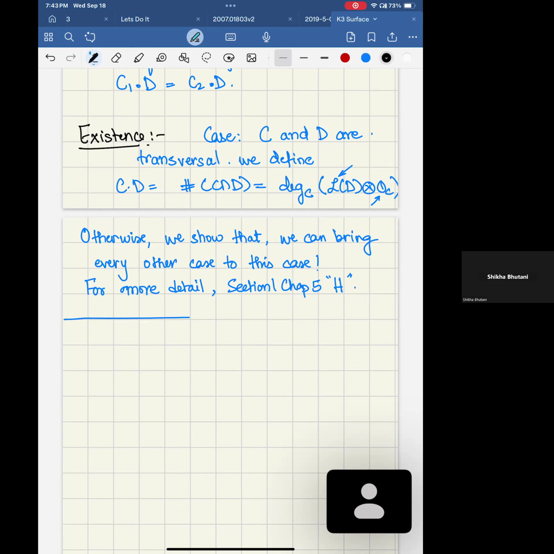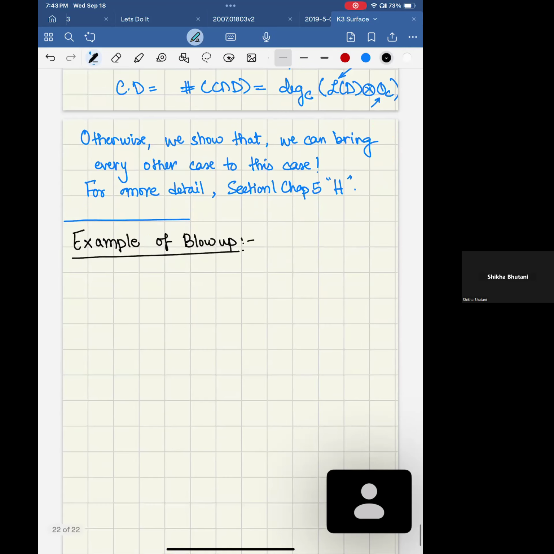So we have seen earlier in the example of blow up, recall how we had defined the blow up.